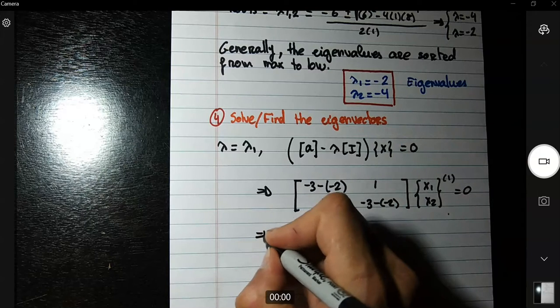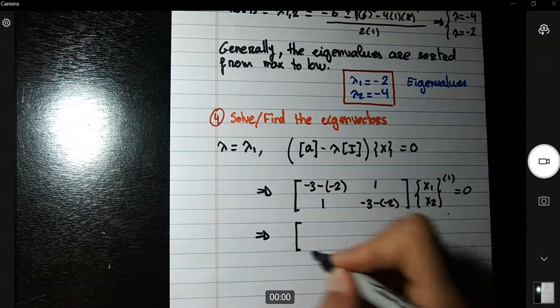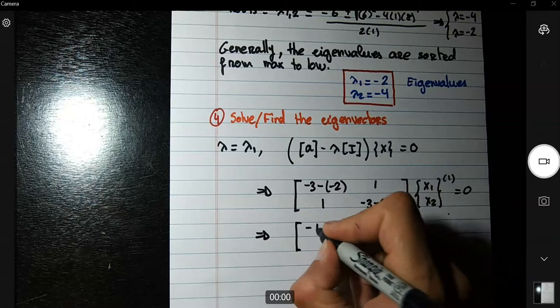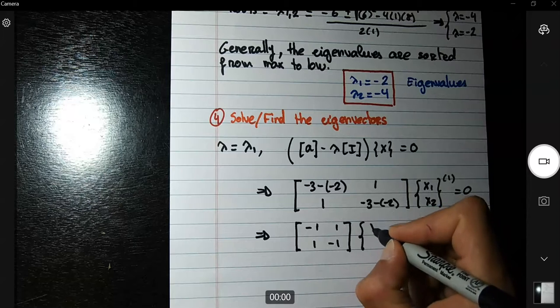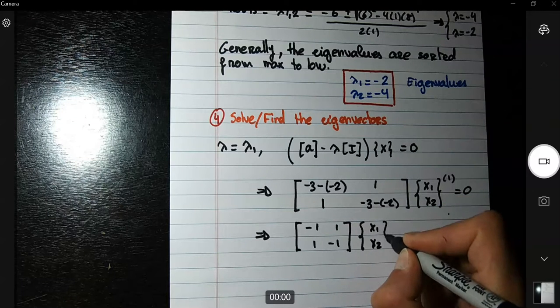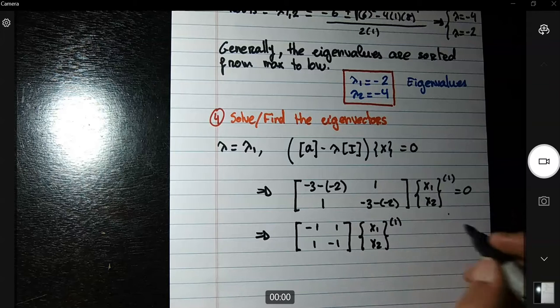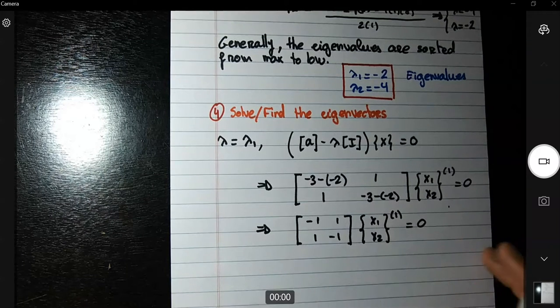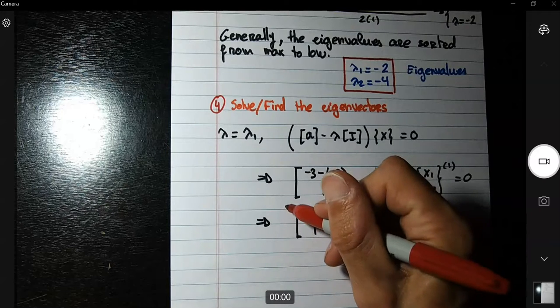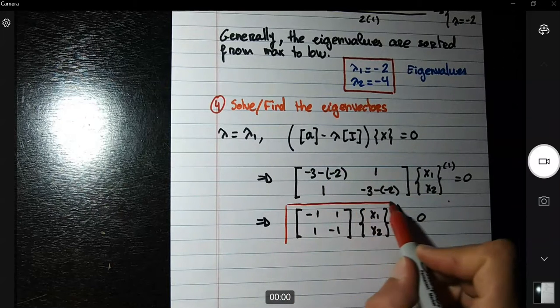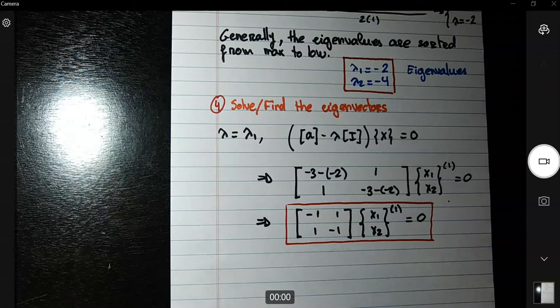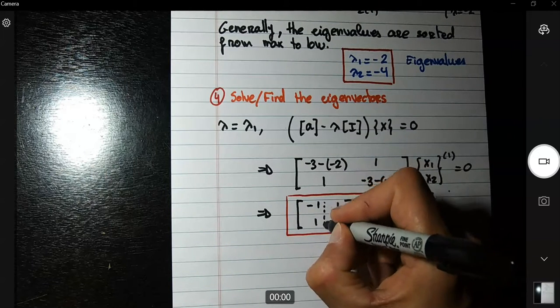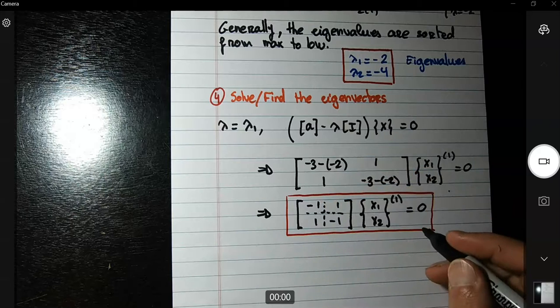So this is just going to give us at the end that minus 3 plus 2 will be minus 1, 1, 1, minus 1, times x1, x2 to the 1, will be equal to 0. Alright? So now, when is this equation satisfied?